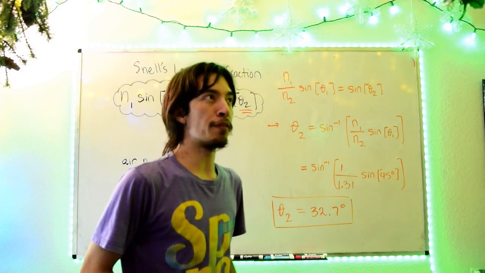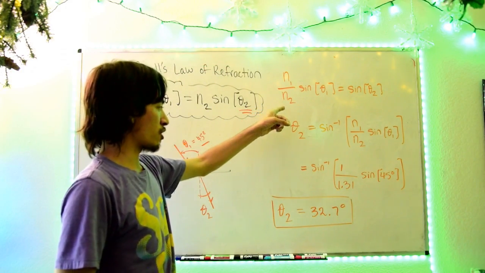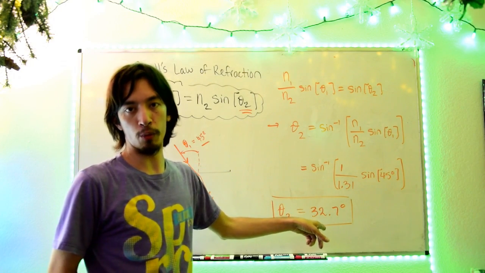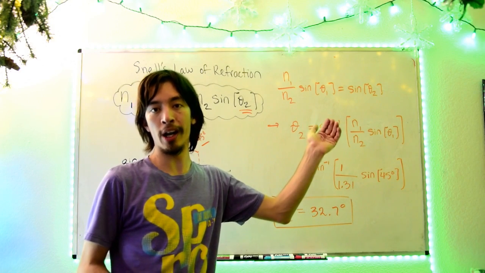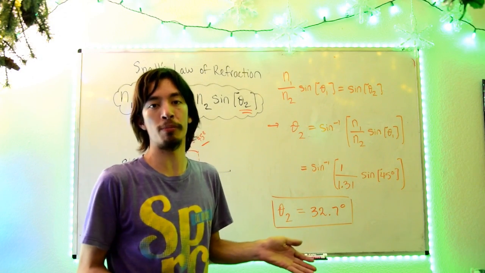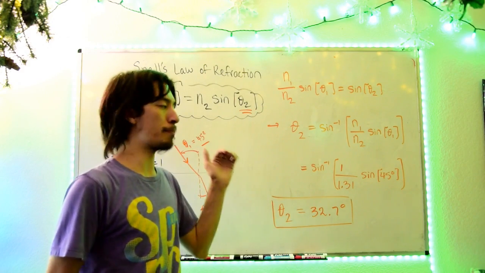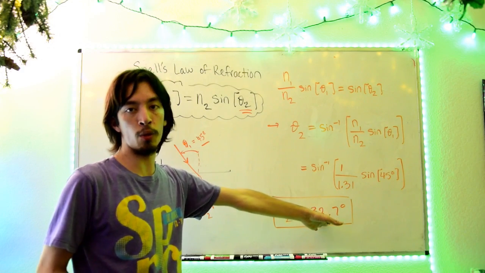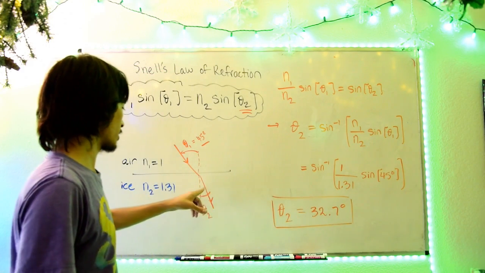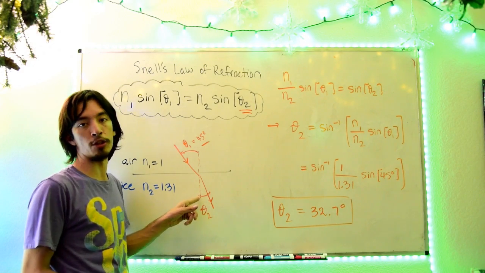So in very short and sweet and to the point, if you use the equation, the angle gets smaller when you go from a low index to a high index. So from air being 1 to ice or something else being larger than 1, when you go from low to high, it bends towards the normal, and you can calculate the angle and you can find that it's going to be a smaller angle. Smaller angles in this diagram means that it's closer to the normal.